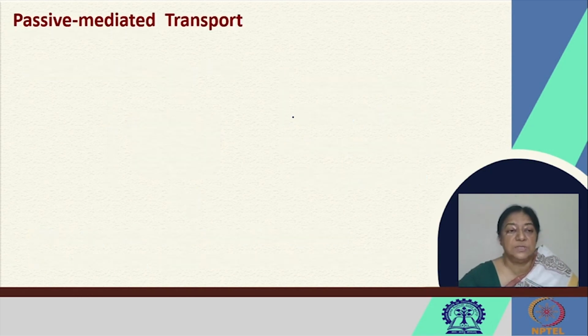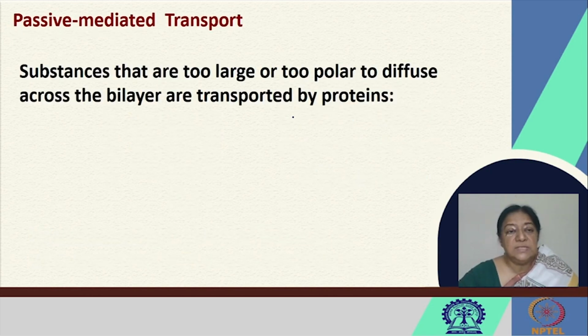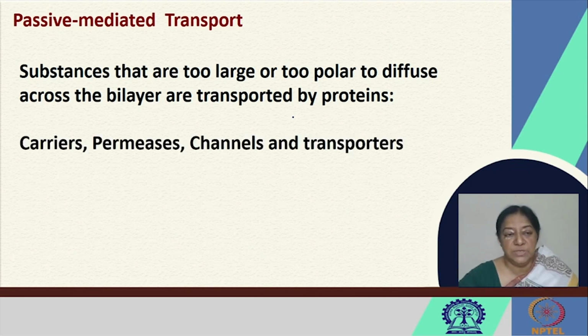as we will see later on, specific to ions. In passive mediated transport, substances that are too large or too polar to just diffuse across the bilayer are transported by proteins. These proteins are carriers, permeases, channels, and transporters, and they assist in the transfer of specific molecules across the membrane.